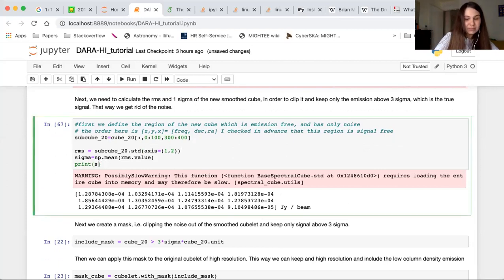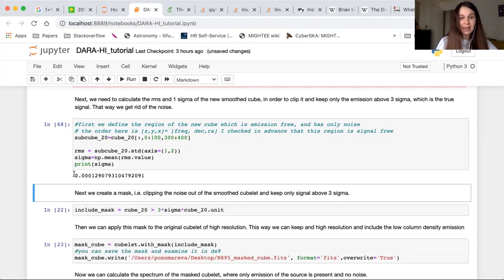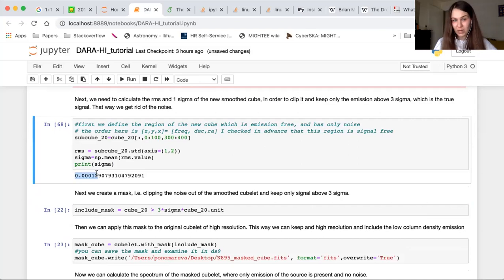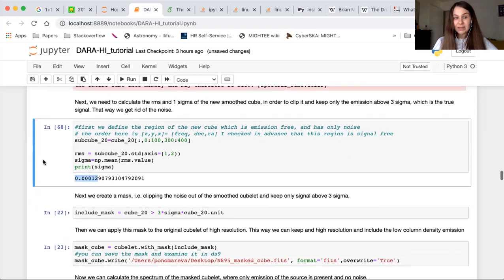And we can print our sigma. This is 1 sigma, and we remember that we consider a signal everything which is above 3 of this value. We calculated this on our smooth cube, the one with the smooth features.